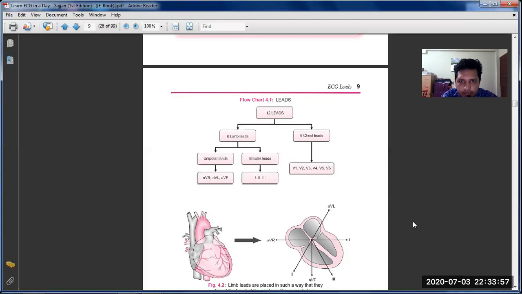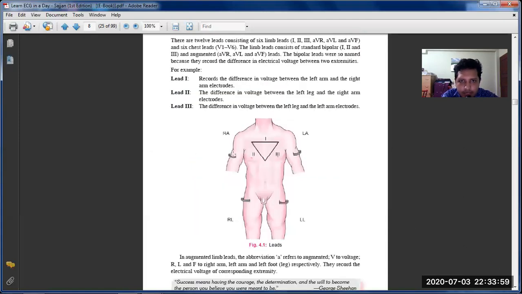So here comes the picture. It is the right arm, and here the AVR is situated. Here the left arm, here the AVL is situated, and this is the left lower limb, here the AVF is situated. If we draw a triangle in between these points, it would be like this.